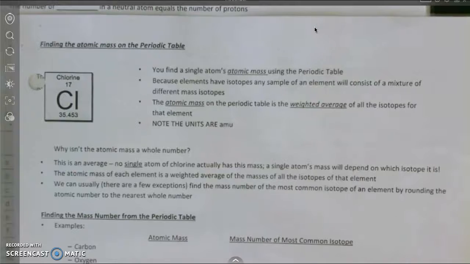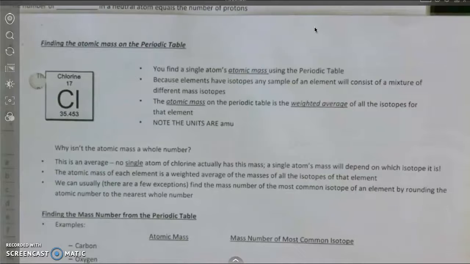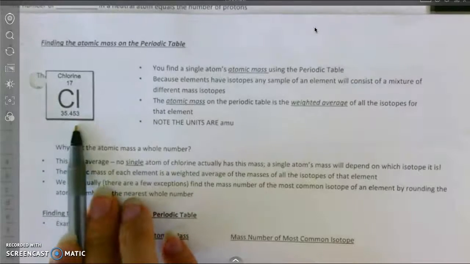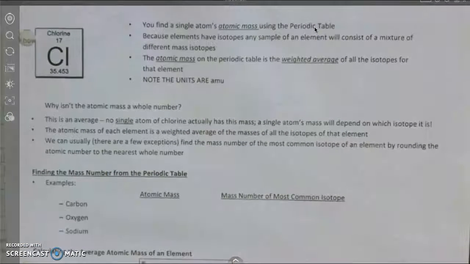You know how elements can have more than one isotope, meaning they can have different masses because they have different neutrons? We need to take all of those isotopes into consideration when we say the mass number of the element. And so we have to take a weighted average to get our mass number. We're going to learn how to calculate a weighted average. That's why the atomic mass is not a whole number. It's because it's a weighted average of all the different isotopes.